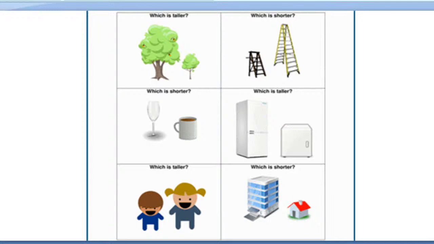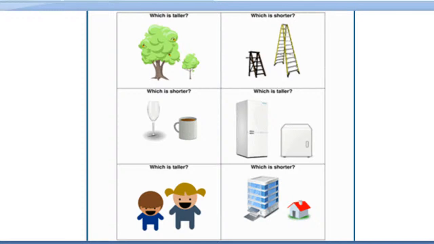Good. Ayushman has written that the first one is taller. That means the left one is taller. Alamkruti has written the left tree is taller. We can compare these trees. The left side is the taller one and the right hand side is the shorter one.